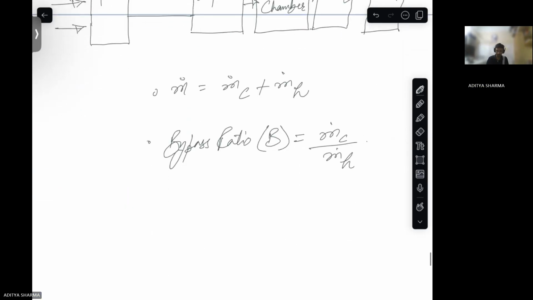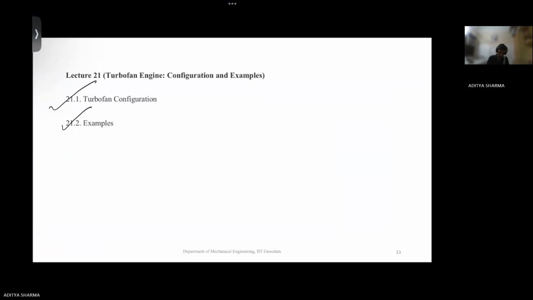So this is a turbofan engine. Then questions based on this.